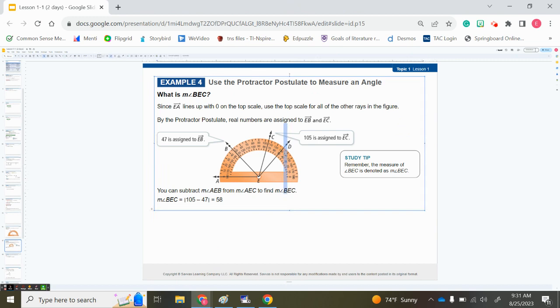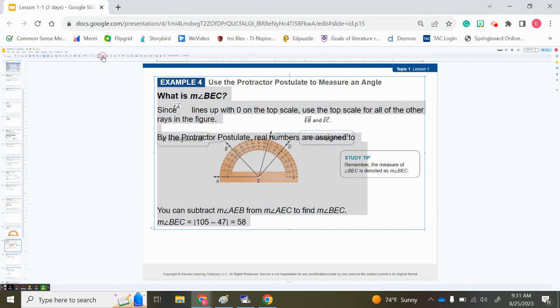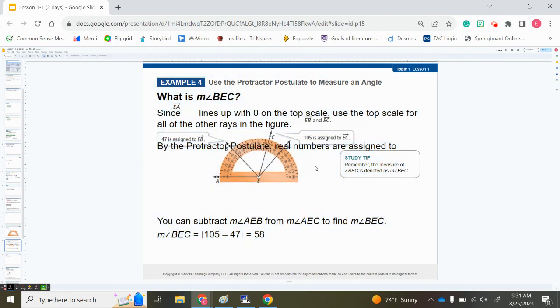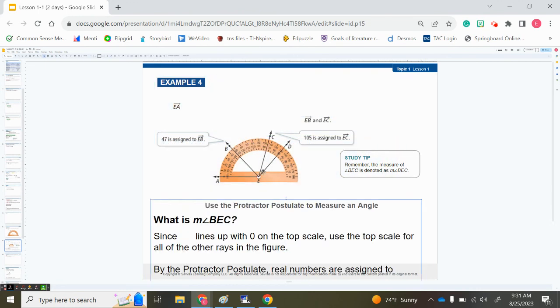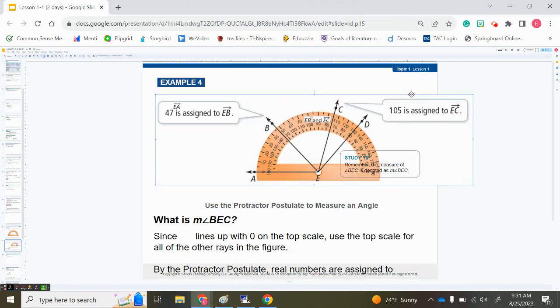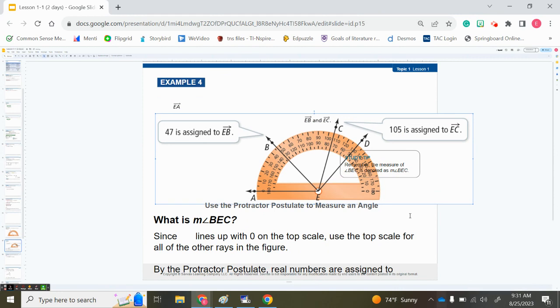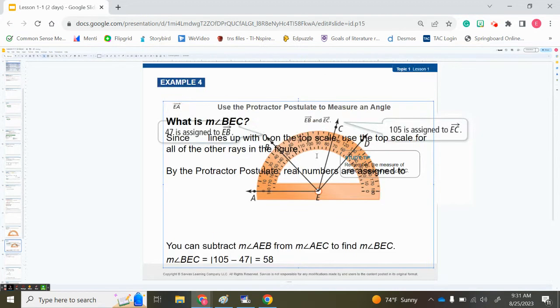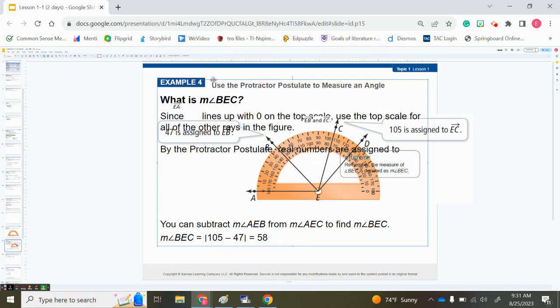So taking a look at example 4, it says, what is the measure of BEC? Well, one thing I'm going to do is increase the lettering here a little bit, and see if I can make this a little bigger for you guys. Sorry, I have to edit slides while I'm teaching, but last hour it was a legit mess.